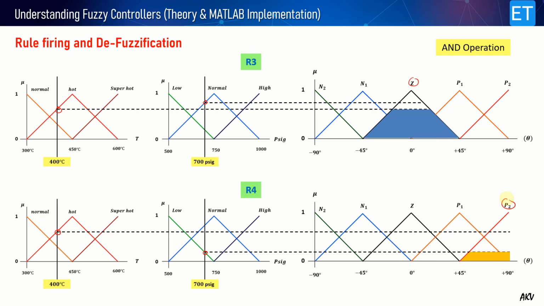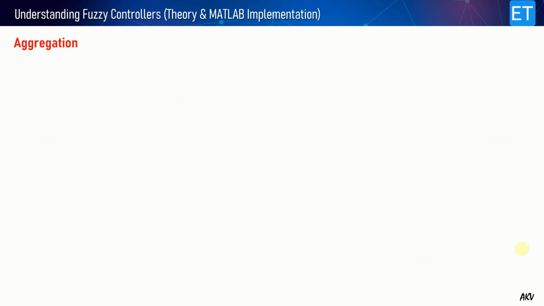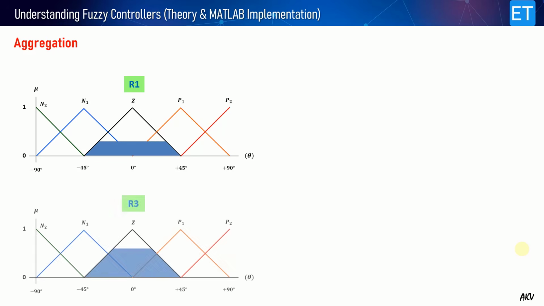This exercise, if you want to do it manually, you can do on the graph paper. You can get the actual values of these points, all the numerical values of these heights. Now we'll do the aggregation. First, let's see the area under the Z. In 2 rules, R1 and R3, we got the Z output.